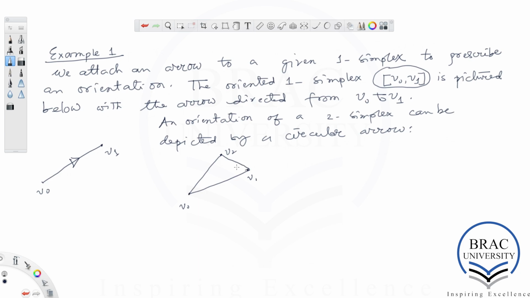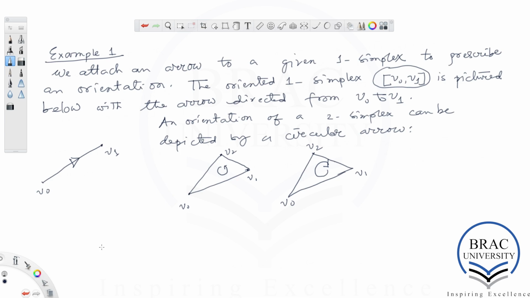We can either put a counterclockwise circular arrow or a clockwise circular arrow to prescribe an orientation on this two simplex.